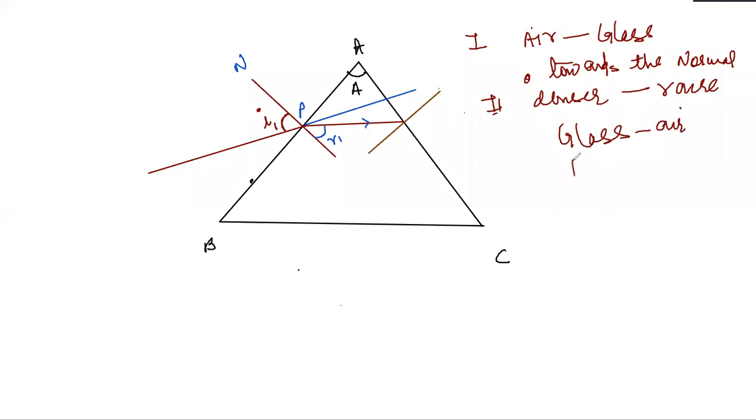It will bend away from the normal. Light has to bend away from the normal. So light again bends away from the normal.